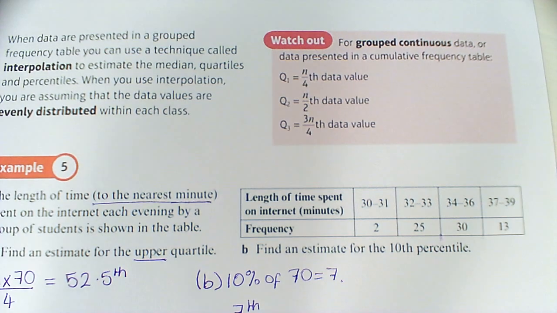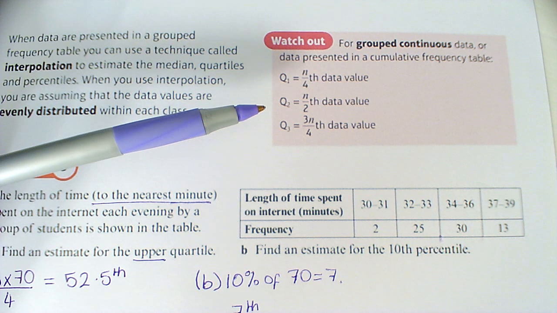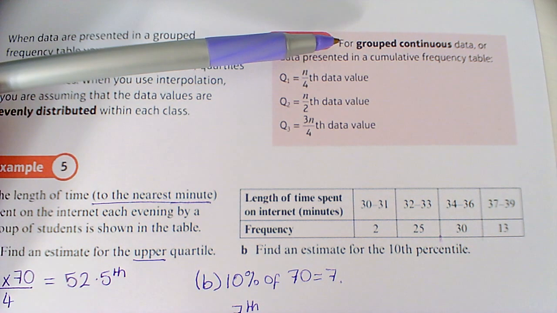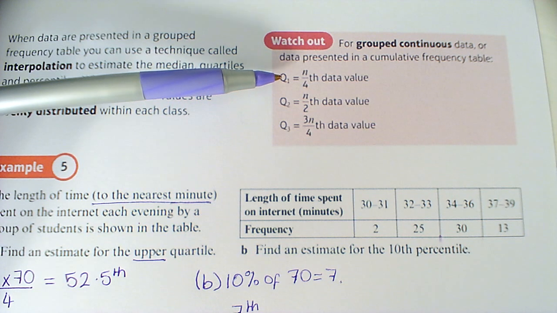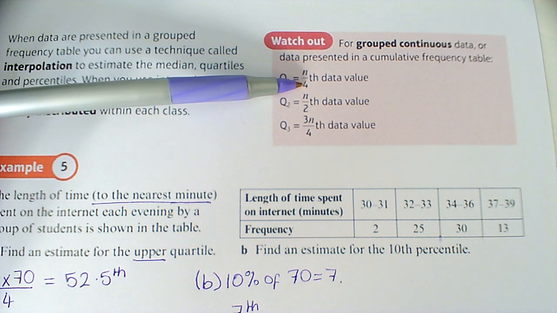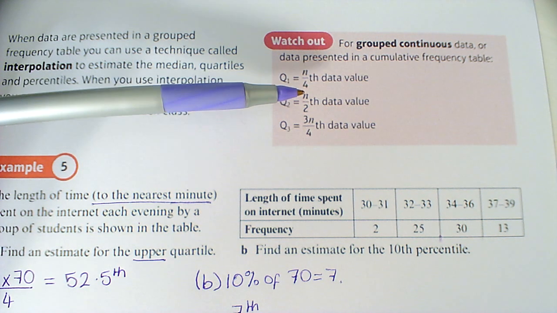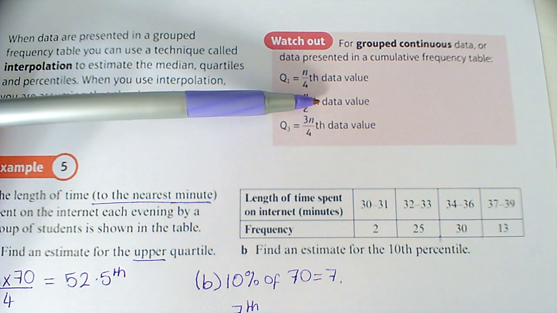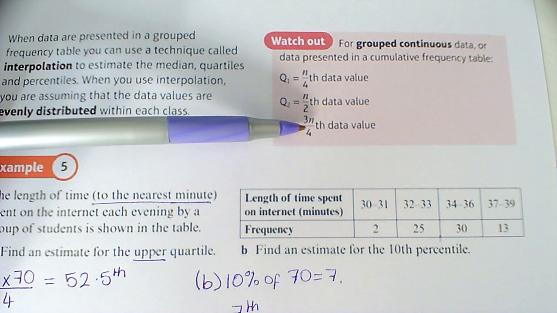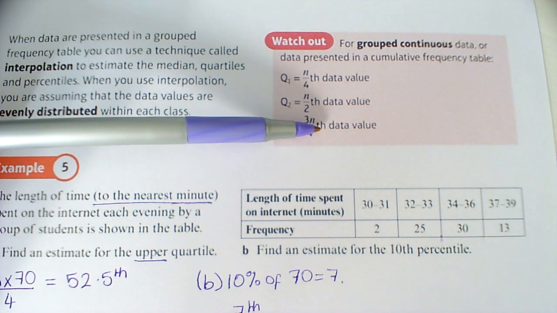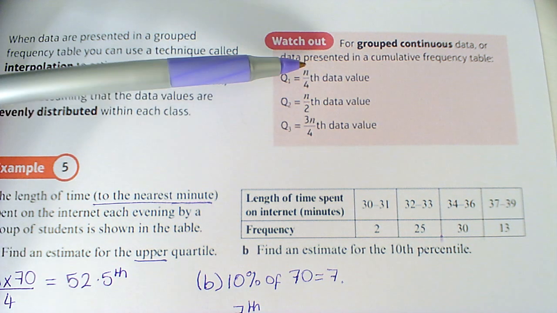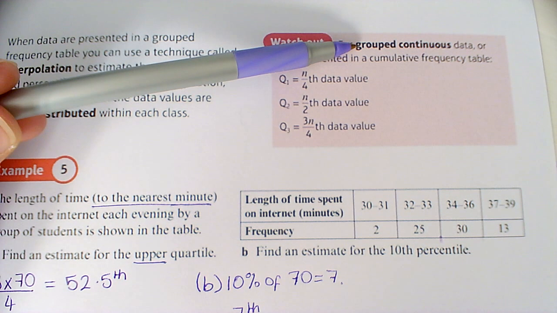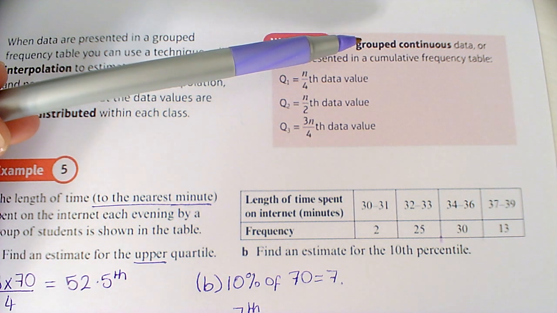For grouped continuous data, or data presented in a cumulative frequency table, to work out Q1 we just divide by 4 and use that bit of data. For the median, we divide by 2 and use that bit of data, and for the upper quartile, we do 3/4 of it and use that data value. None of the rules we have for discrete data, which was the previous example, apply. These are the rules for grouped continuous data.